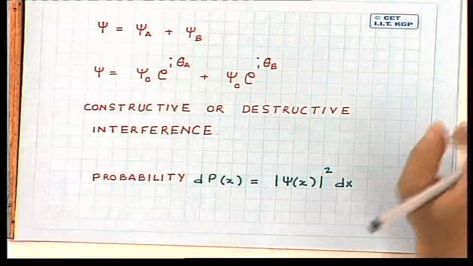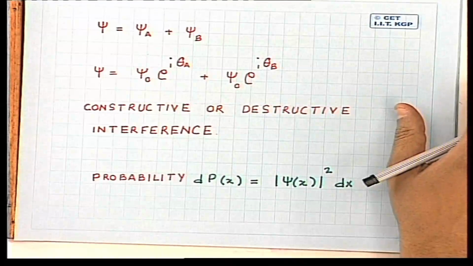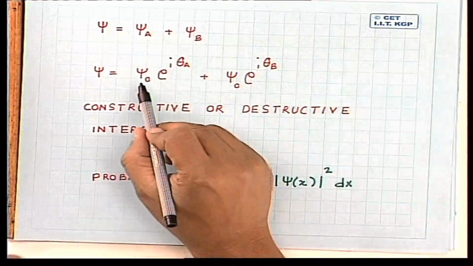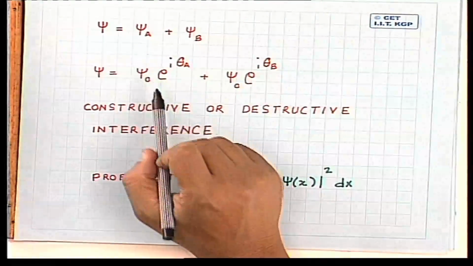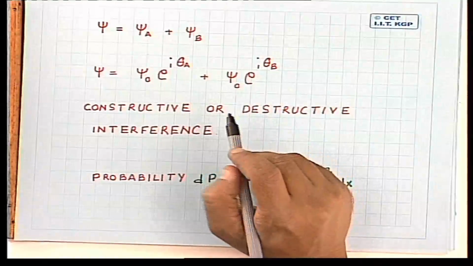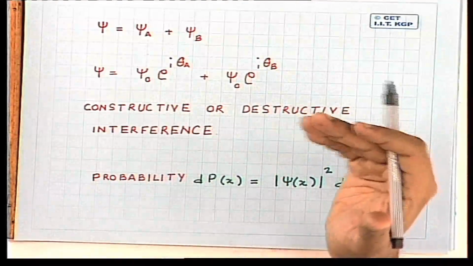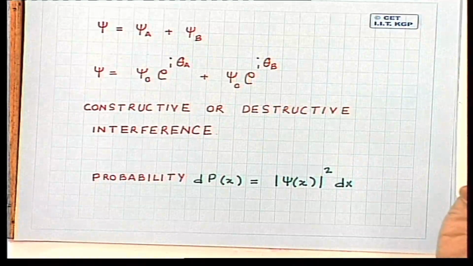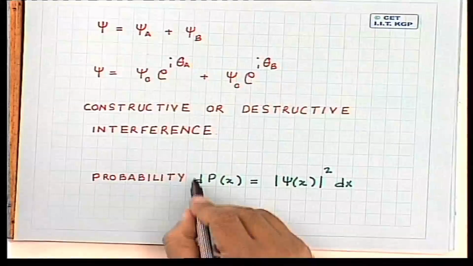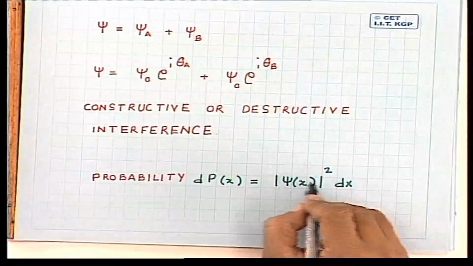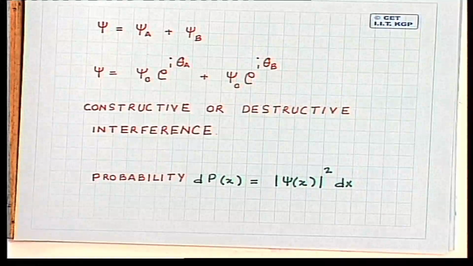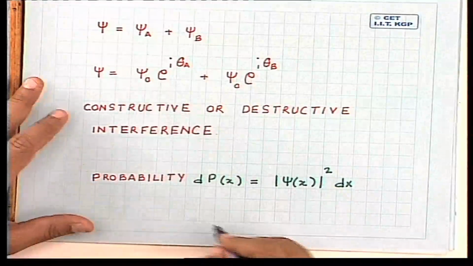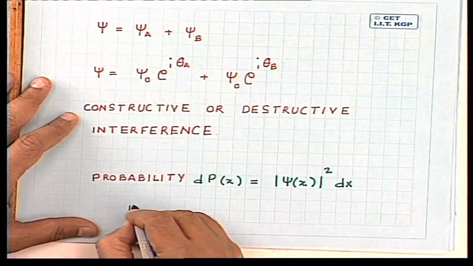So this can explain the phenomenon which we see, where the number of electrons actually goes down, because the secondary wave emitted from A and the secondary wave emitted from B pick up different phases. When they come to the screen, you could have either constructive or destructive interference, and since the probability of finding an electron is given by the mod square of this wave function, the probability could either increase, the probability could be greater than psi naught square.